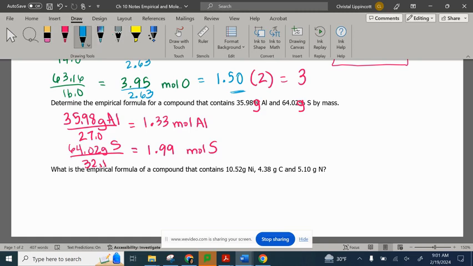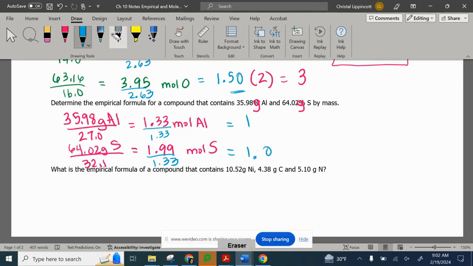Now, after we're done with that, and this is the step that people forget, the next step is you've got to divide by the lowest mole value. So in this case, this is the lowest mole value. And I have to do it to both terms. So this is going to equal 1. This is going to equal 1.50.